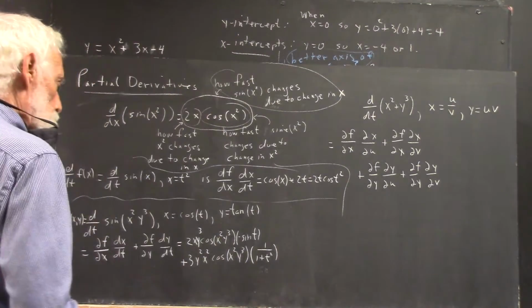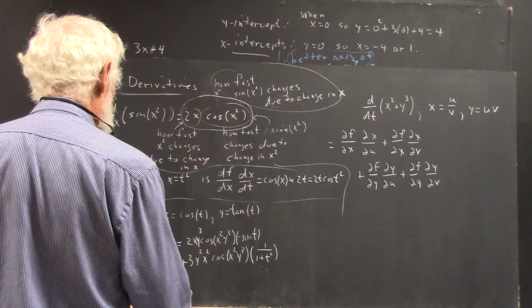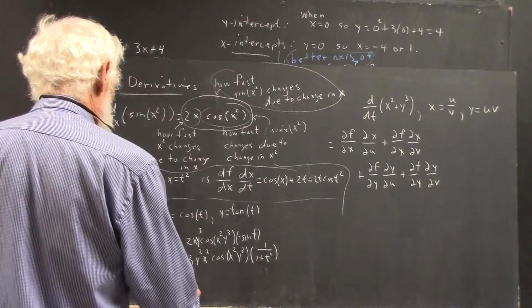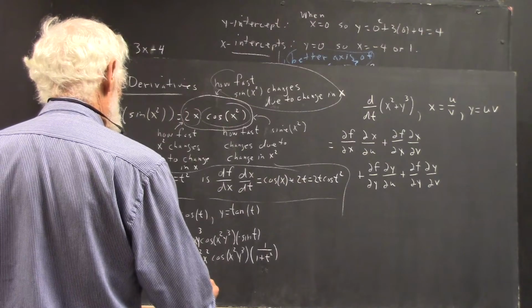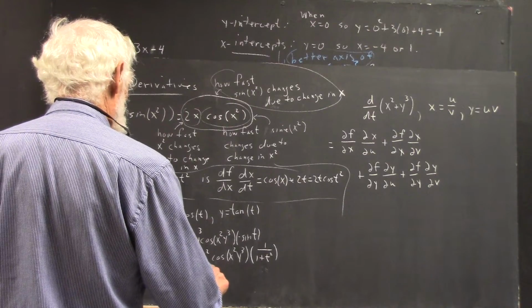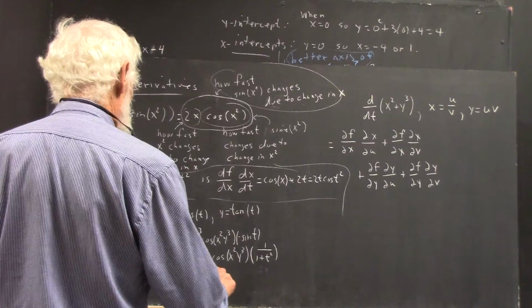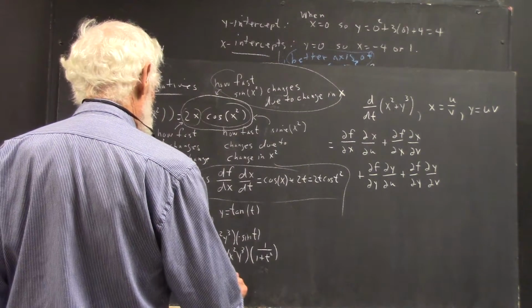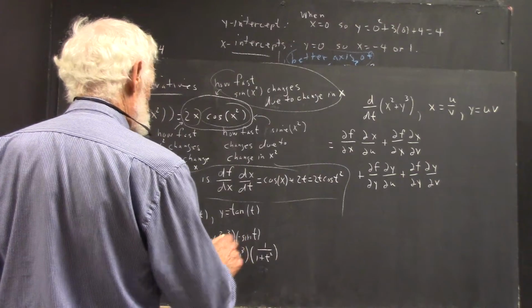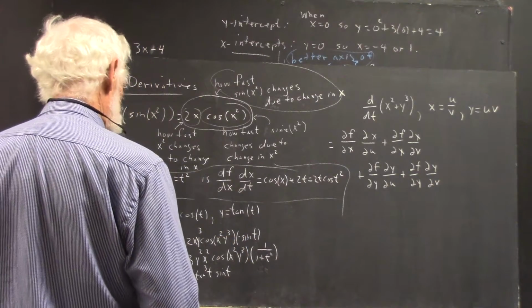Now we can do this whole thing in terms of t. So x is a cosine of t, so we get 2 cosine of t, y is the tangent of t, so there's going to be a tangent cubed of t, times the sine of t. Of course, that's a negative sine of t.